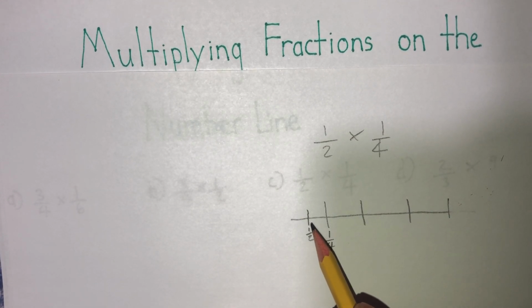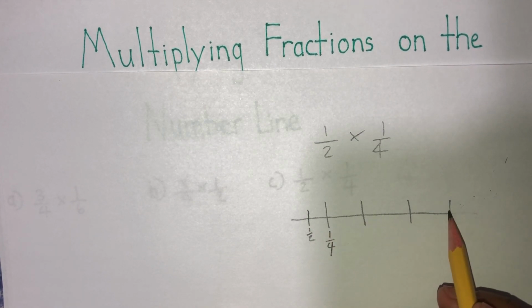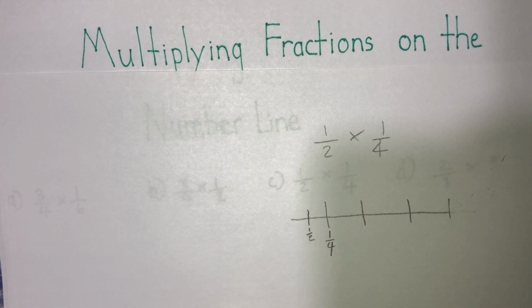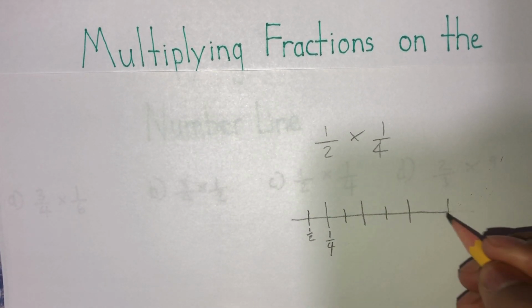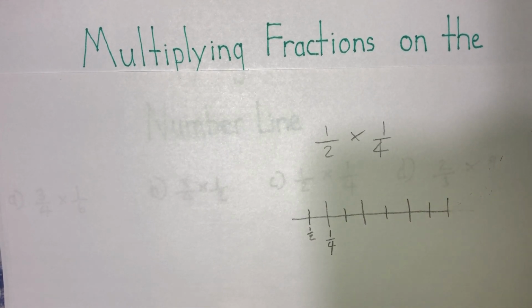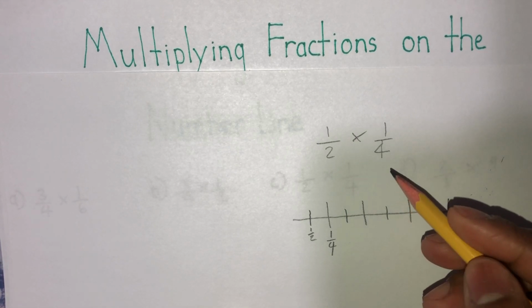So the same amount of times we divide the section before the quarter, we have to divide the following sections. Hence, we're going to divide this section, and this section.